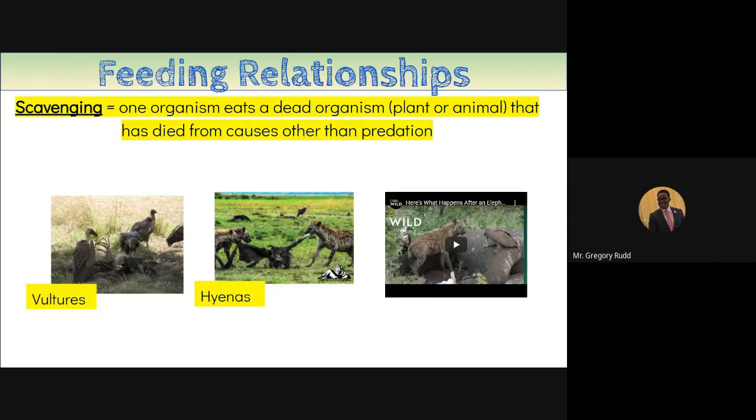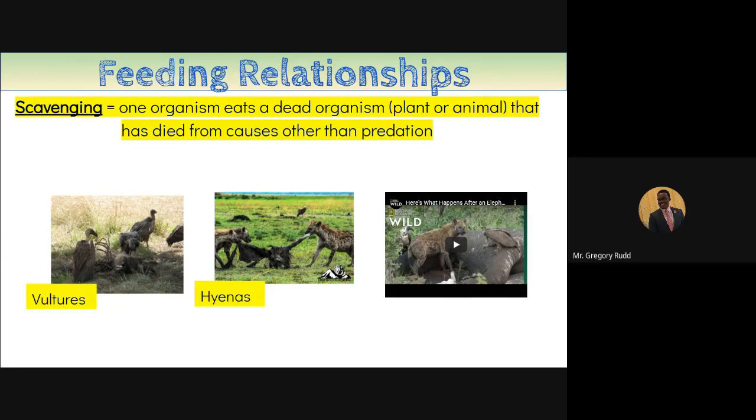So what we see in scavenging organisms is that they often have really strong immune systems, and their stomachs have specific chemical compounds in them that make them much more resilient. They can break down bacteria. We don't see them having a large bacterial colony existing in their digestive systems, because by eating dead organisms, they're putting themselves at great risk for infection.